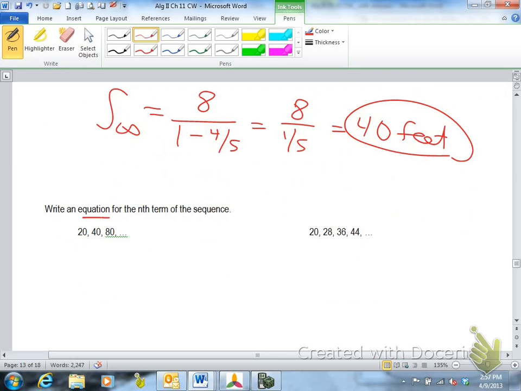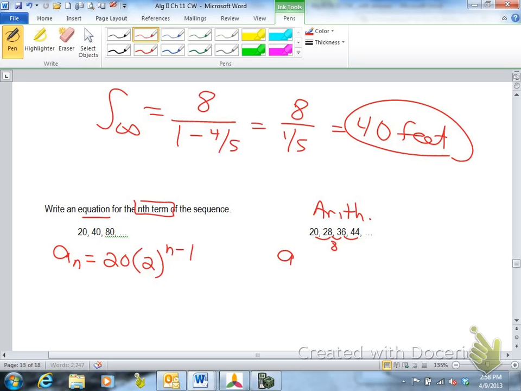And writing an equation for the nth term, you want to leave the n's as variables. So a sub n, this is geometric, you're doubling every time. So you have 2 times 2 to the n minus 1, and you would leave your answer like that. And that's your answer. For this one, notice you're adding 8 each time, so it's arithmetic.